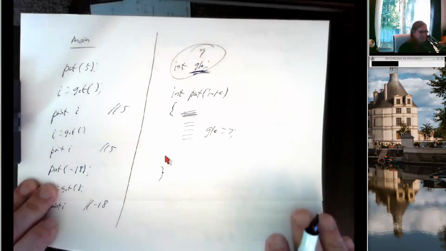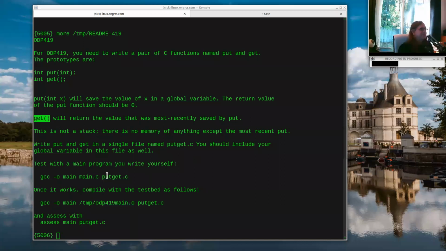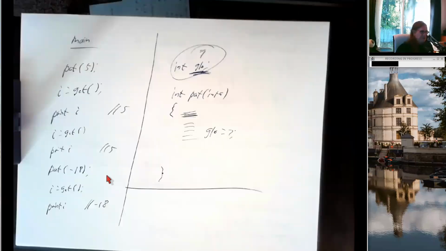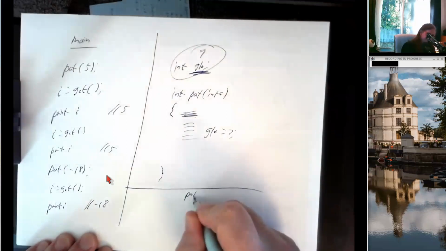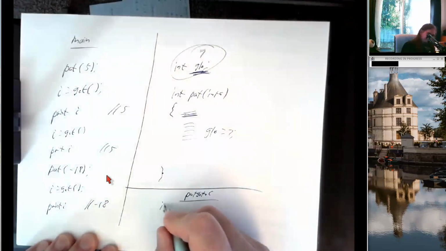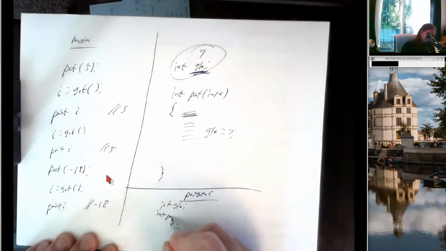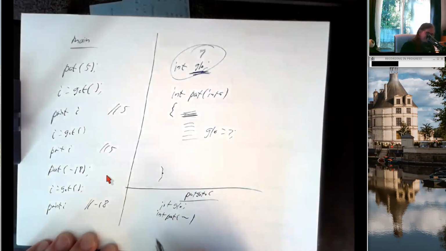And so you're putting both of your functions into a single file. I suggest calling it putget, so putget.c is going to basically have your global variable, your declaration of the put function, and your declaration of the get function.